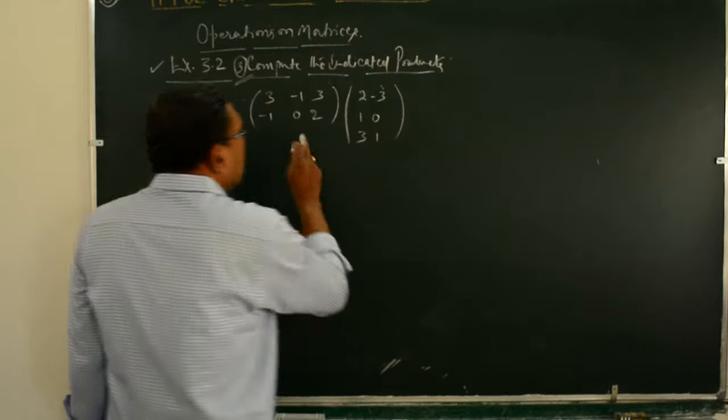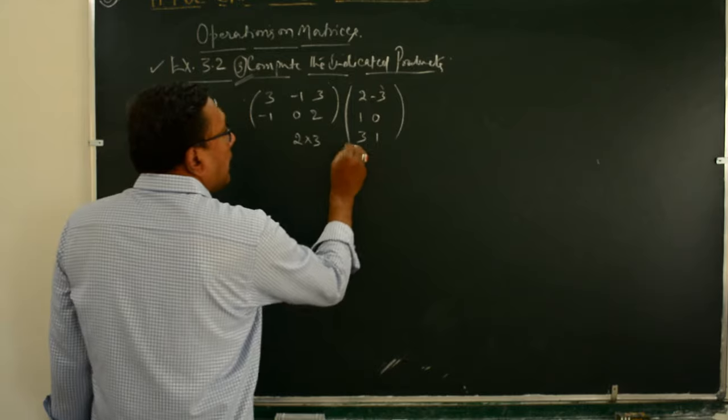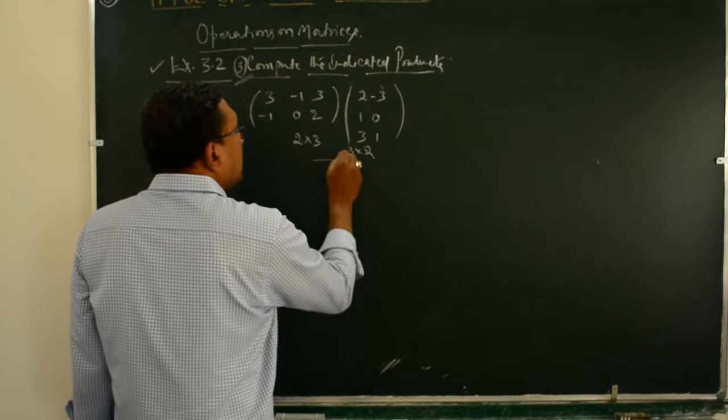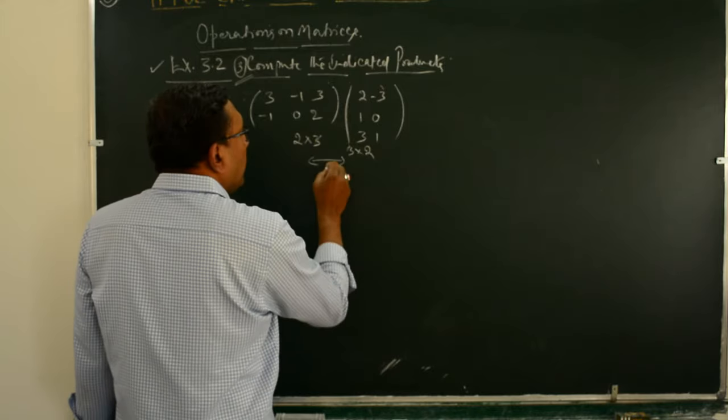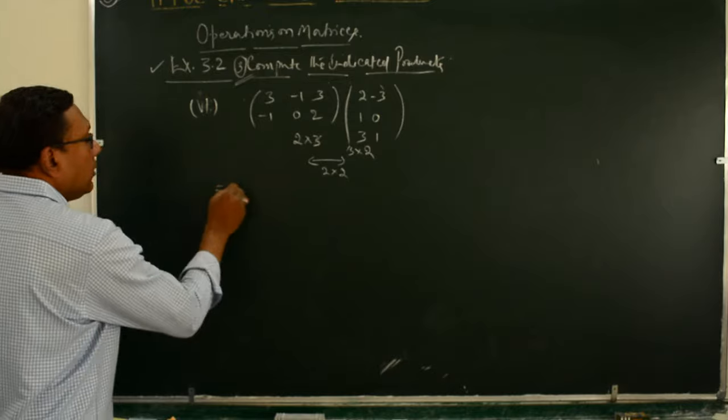See, this matrix has 2 rows and 3 columns, and this has 3 rows and 2 columns. Hence, the resultant matrix will be 2 by 2.